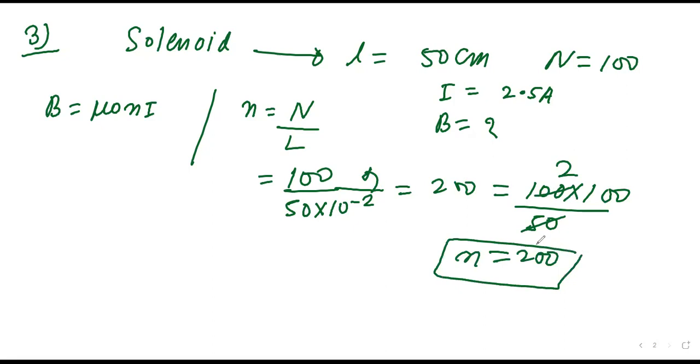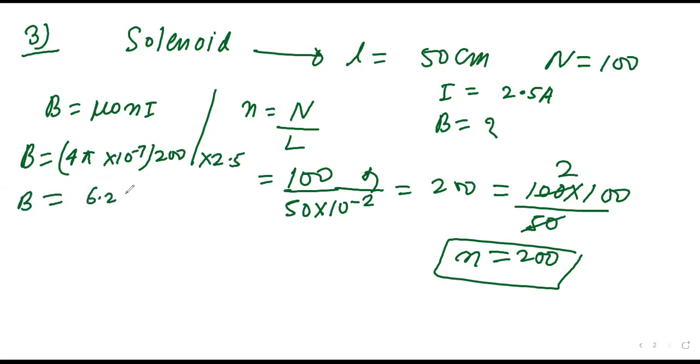Right, now put in the formula, so you will get B. B is nothing but the mu naught value we know, that is 4 pi into 10 raised to minus 7, the n value we have got, that is 200, and the current given is 2.5. So multiply with that and you will get B. So B is nothing but 6.28 into 10 raised to minus 4 Tesla.